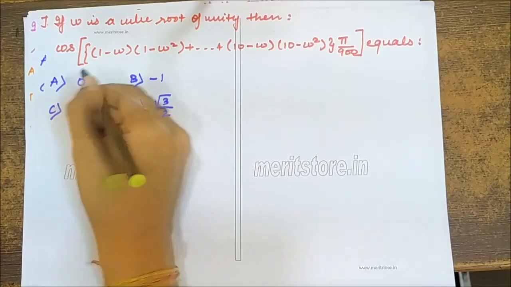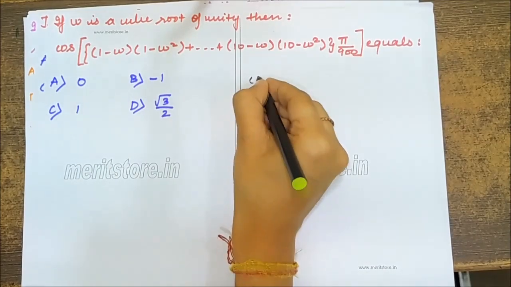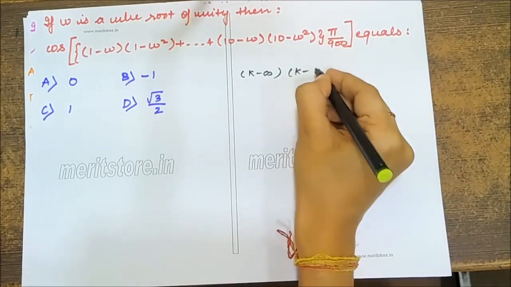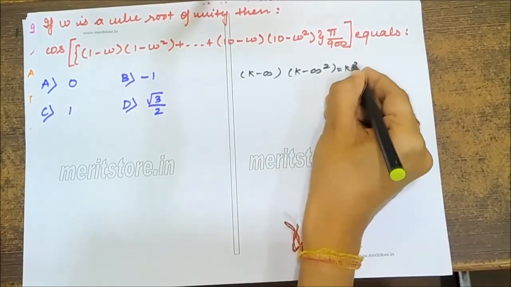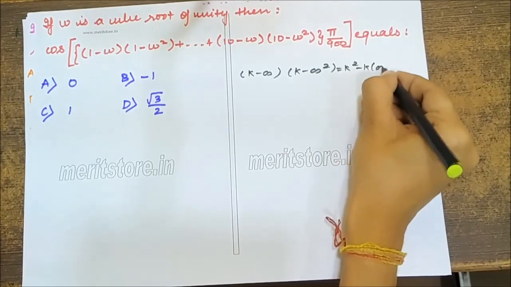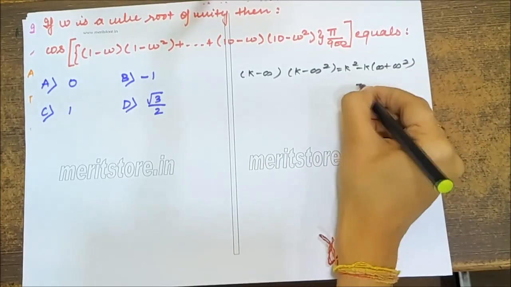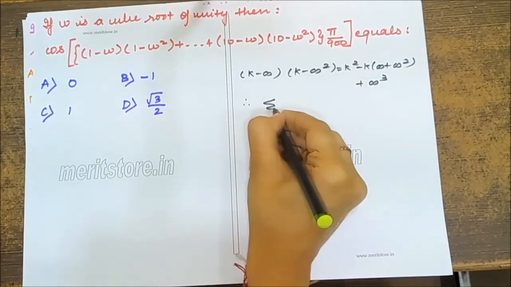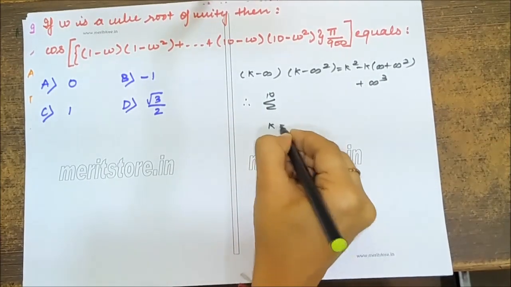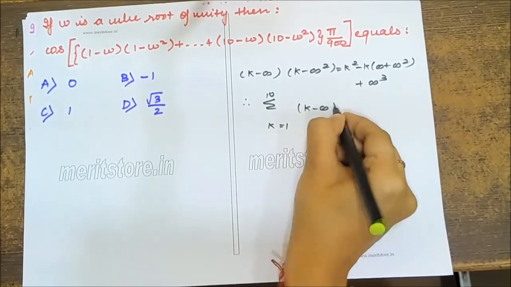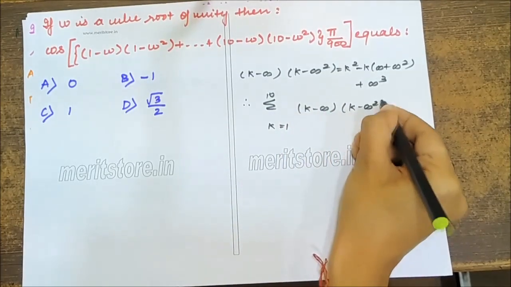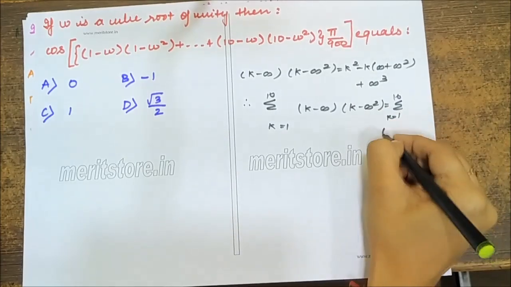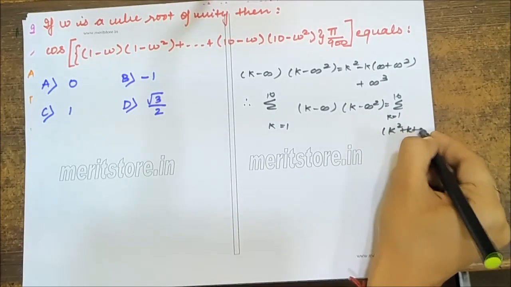So (k minus omega)(k minus omega square) is equal to k square plus k plus 1.